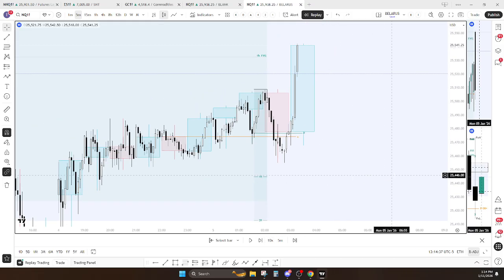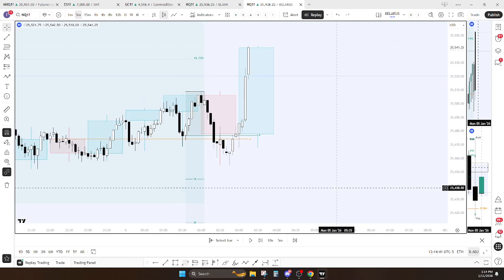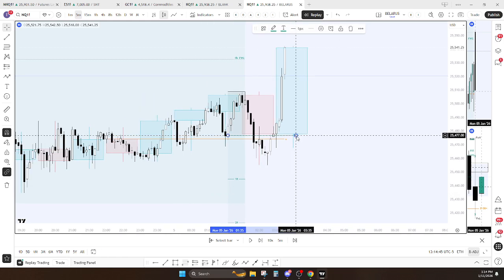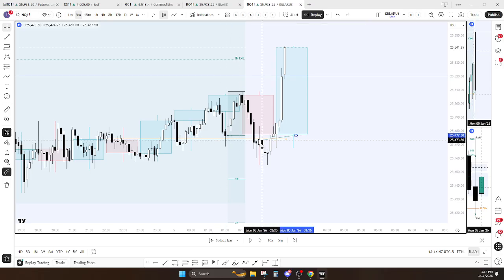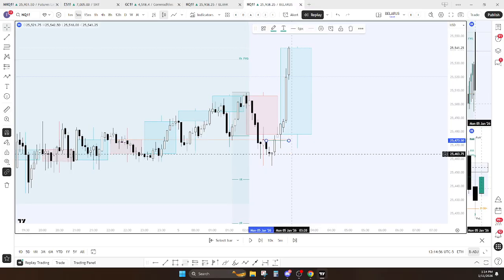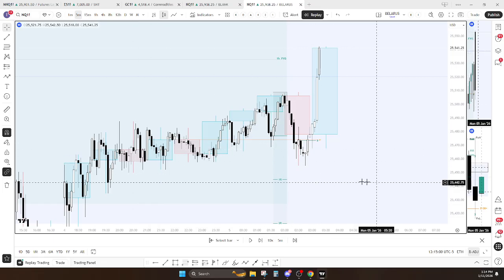And higher we go. What we have here, actually, you see these hourly order blocks that in my chart you would see marked as a PD array, right? This one here, even two of them, or the lowest one.